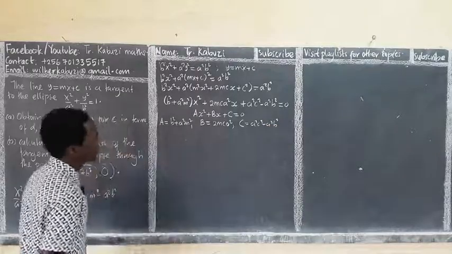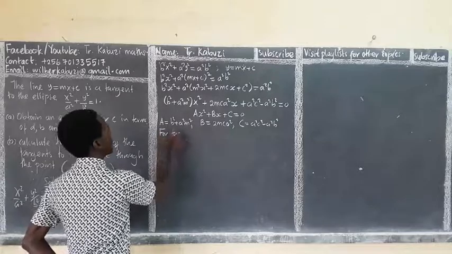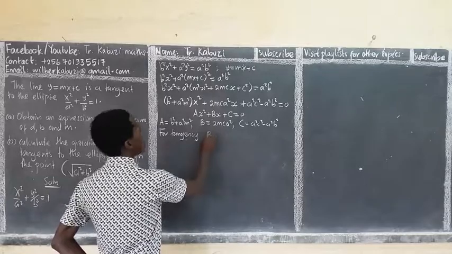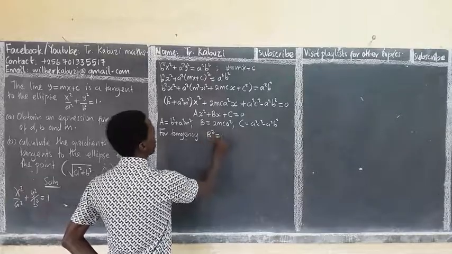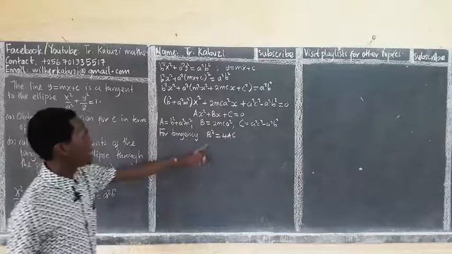We know that because this is a tangent, for tangents B squared is always equal to 4AC. So now I just substitute.